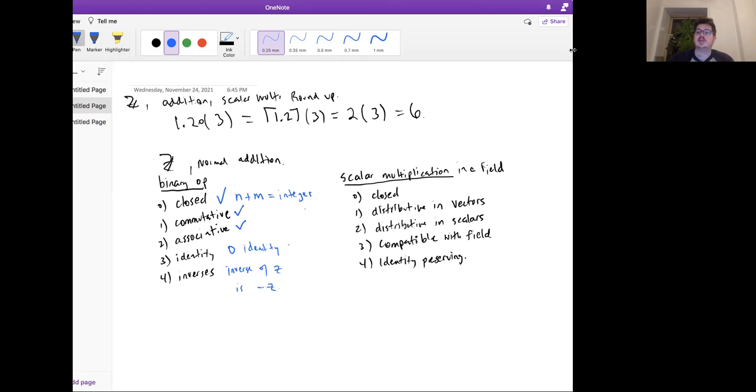Okay, so let's go through scalar multiplication. Is scalar multiplication closed? This scalar multiplication. First of all, if it was normal scalar multiplication, where I just multiplied the numbers without doing anything special, would it be closed? No, yeah. Can you give an example of when it's not true?